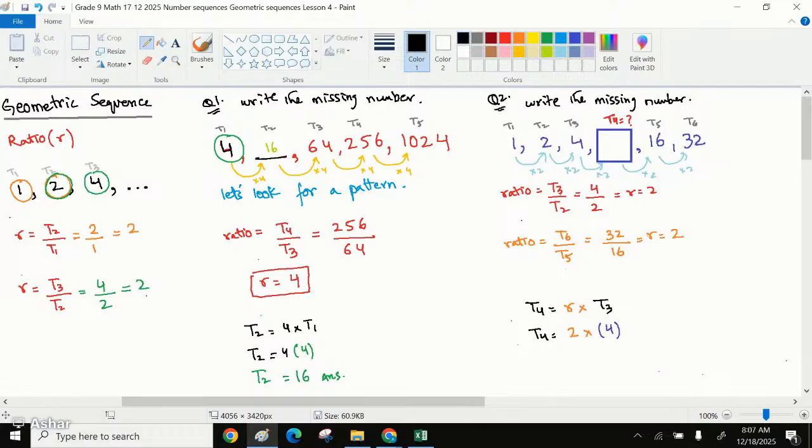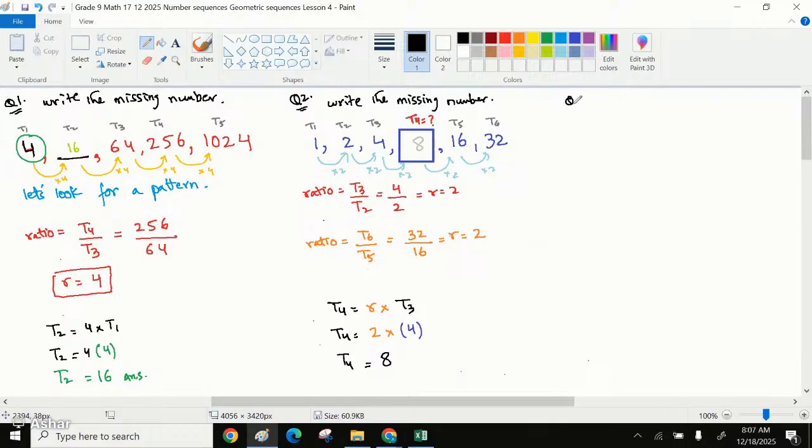So term number 4 comes out to be 8. That means this is the missing number, 8 over here. So we need to find the pattern, and the pattern in a geometric sequence is the ratio. We need to find the ratio. Okay, let's look at the next question.